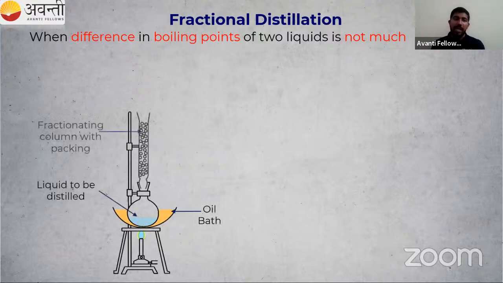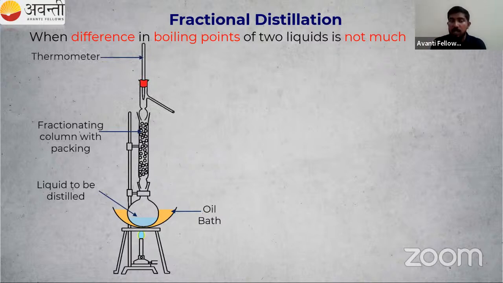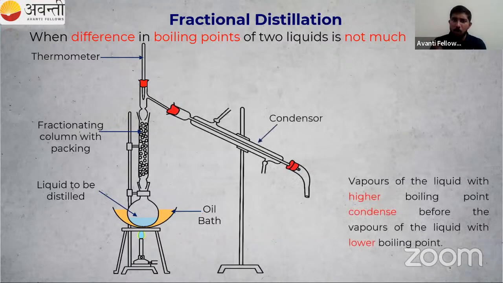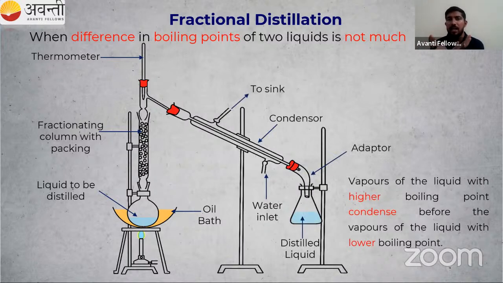So we are taking our apparatus again, then the fractionating column is there. There are different types of fractionating column. You can use glass beads to fill this fractionating column. Why? It is increasing the surface area. Then thermometer, then condenser is there. Then finally, we will get the distilled liquid in our conical flask. Then two liquids, right?